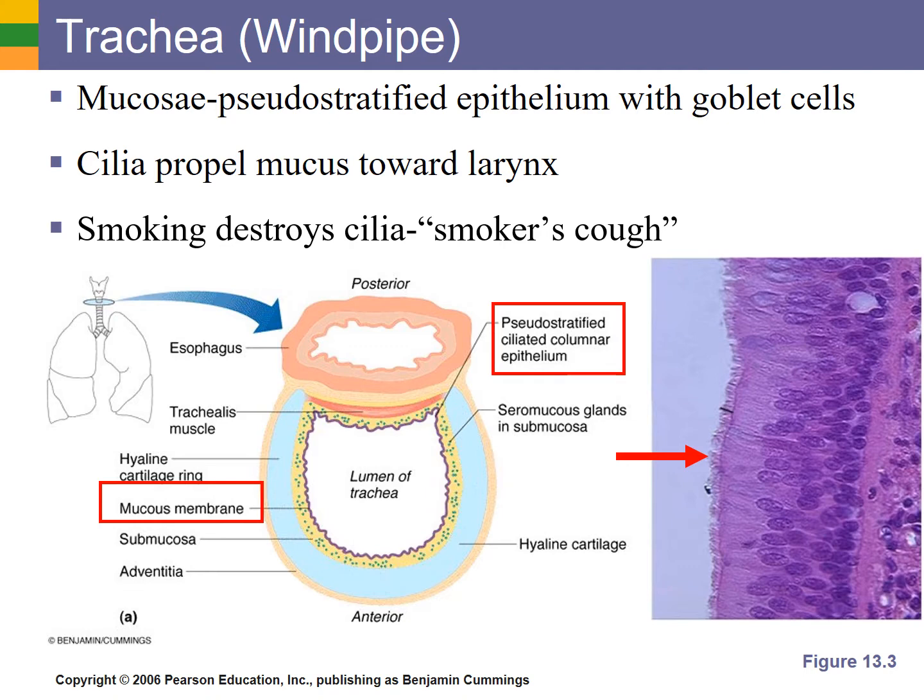That is why some smokers have that real deep smoker's cough due to the mucus collecting in their lower respiratory tract. Now, the good news is, once you stop smoking, the pseudostratified columnar epithelial tissue is regenerated.